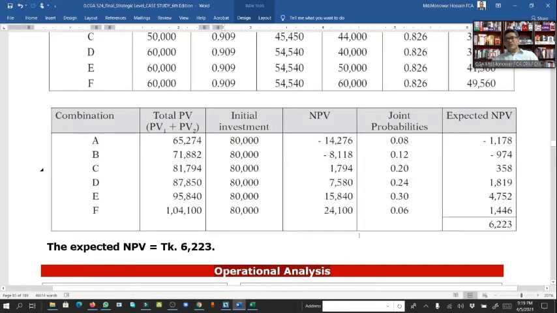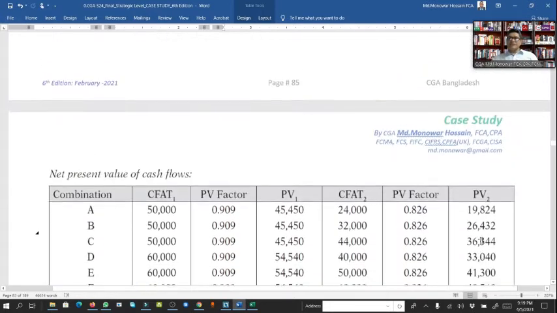So after calculating the expected NPV for the 6 combinations, if we add them, then we will get the expected NPV: 6,223.